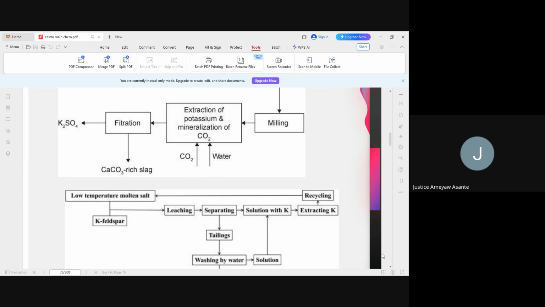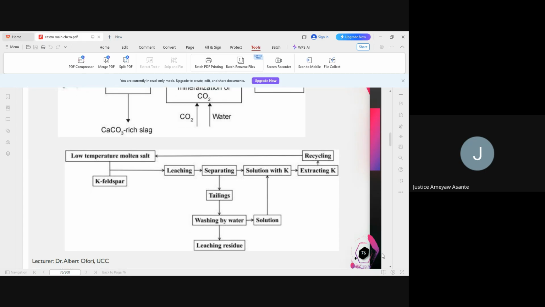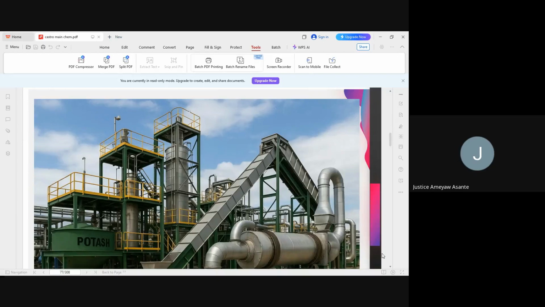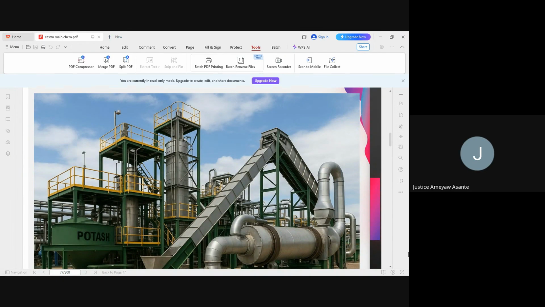After you've been able to convert everything in the ore and you get to the final stage, the last thing to do is use the method of electrolysis to obtain your pure metal. And this is the machine that depicts it.